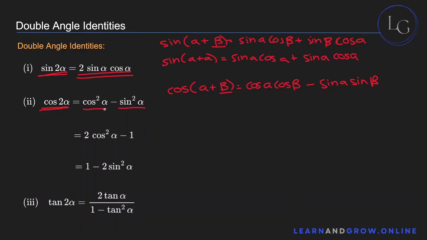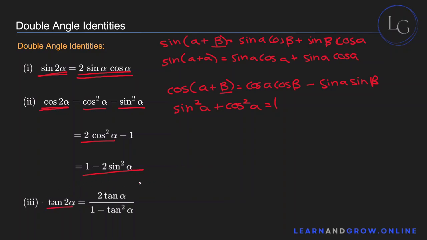And if you use the property that sine square alpha plus cos square alpha is equal to 1, you can get these as well, because you can replace sine square alpha with 1 minus cos square alpha, and you can also replace cos square alpha with 1 minus sine square alpha. And you have proofs for everything.